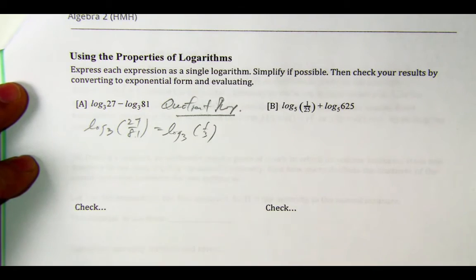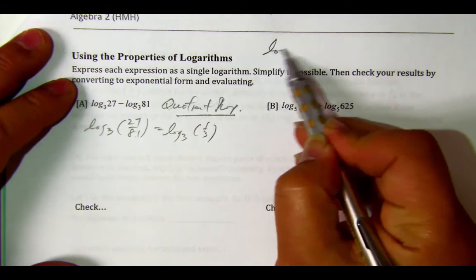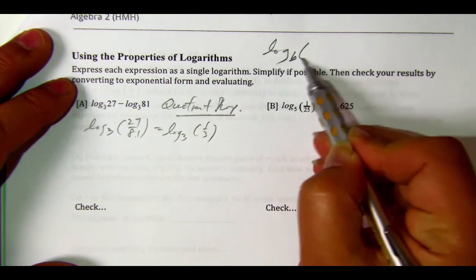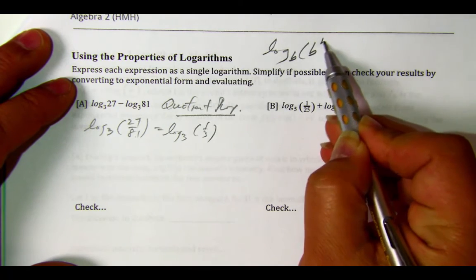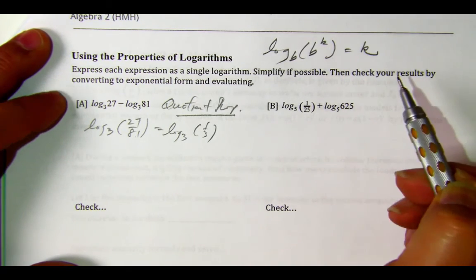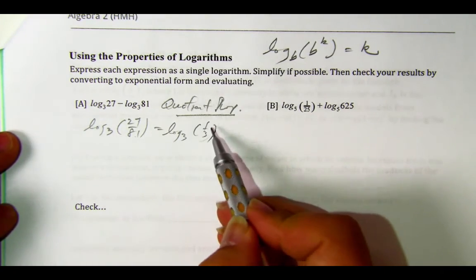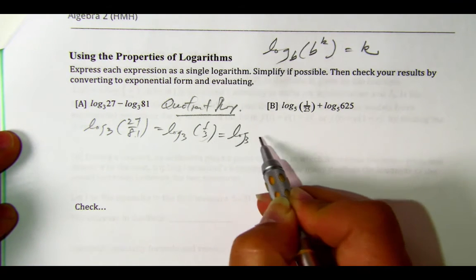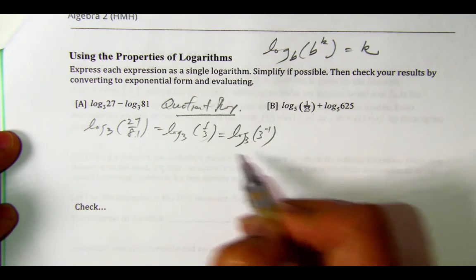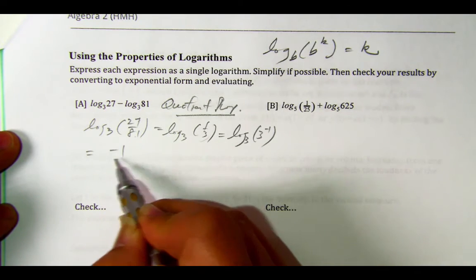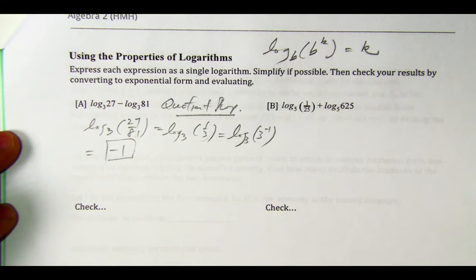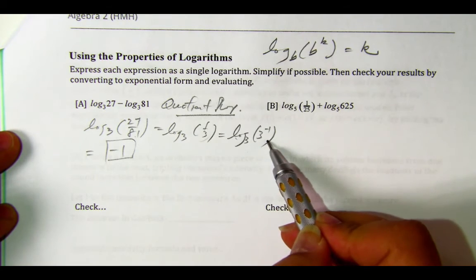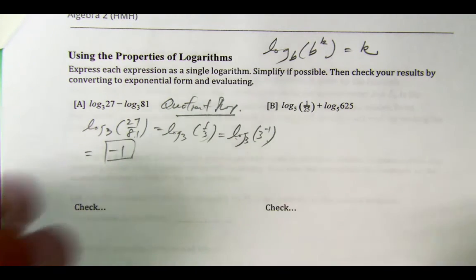Now, using the rule that we just learned earlier, log base b of b to the k is k. Can I express this 1/3 in terms of base 3? The answer is definitely yes, 3 to the power of -1. Therefore, this is equal to -1, because log base 3 and base 3 cancels.